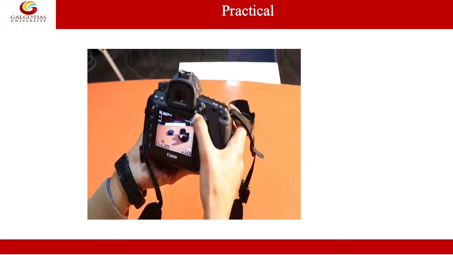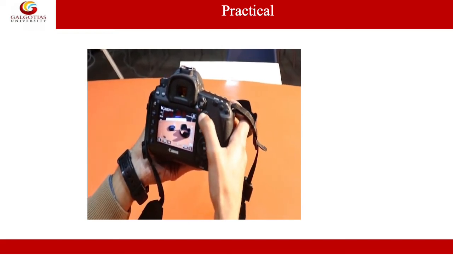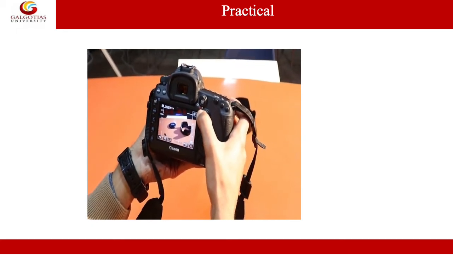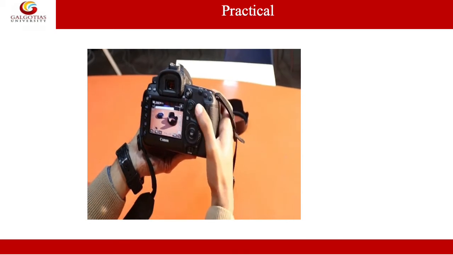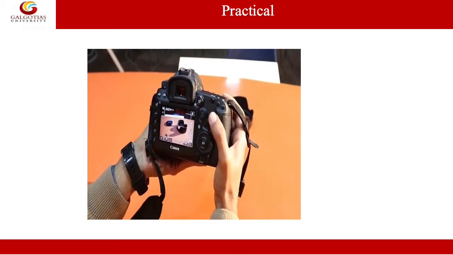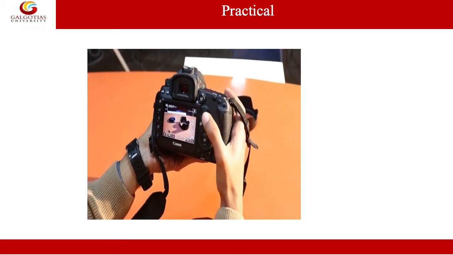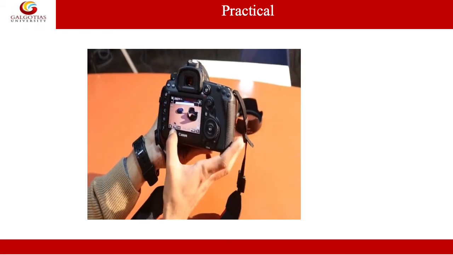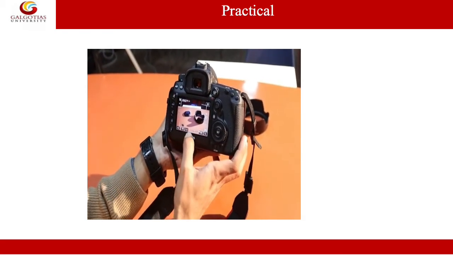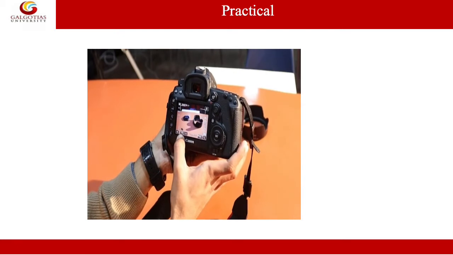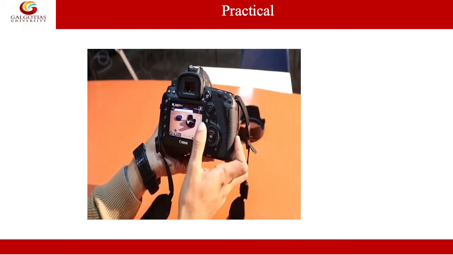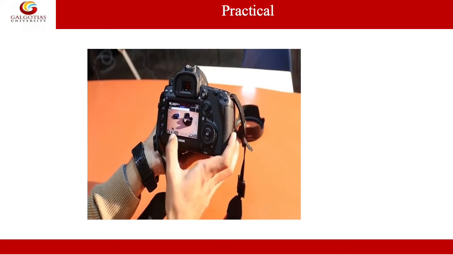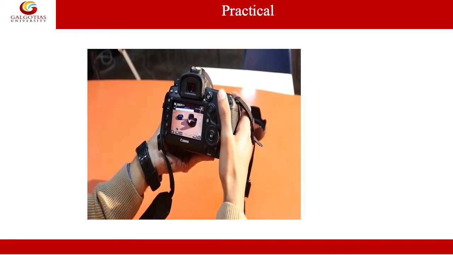This denotes the still photography mode, and this red dot is the video mode, which we are going to use in the next part. So our camera is set on the still photography mode. We have manual control. All the controls are available in the bottom part of the screen. This is shutter speed, this is aperture, and this is our ISO. All the rest of the components we are going to discuss in the further sessions.